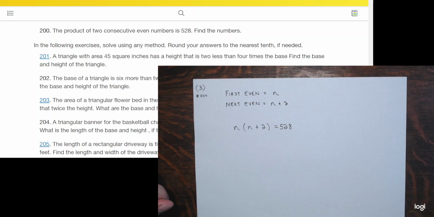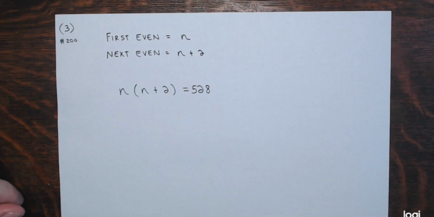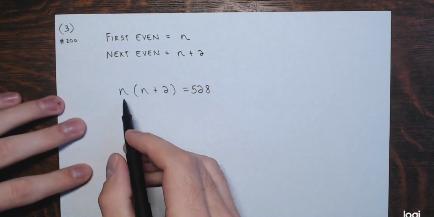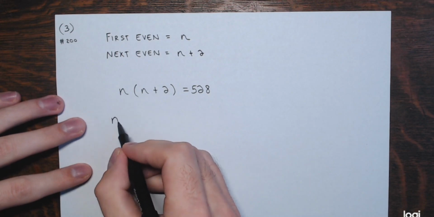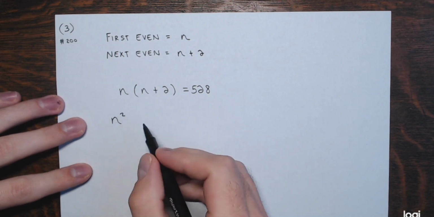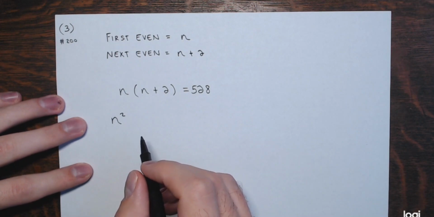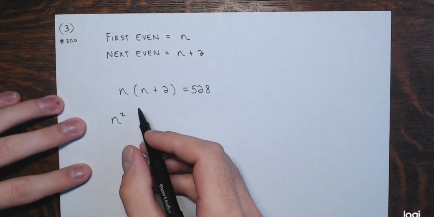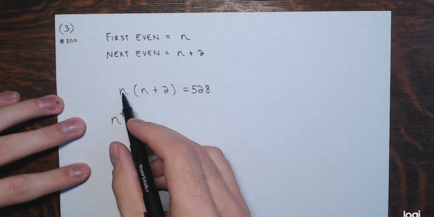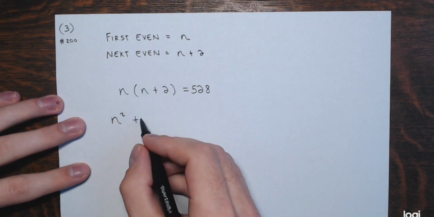Let me make that a little bigger again. And we're solving this equation. I'm going to solve it the exact same way I've been solving the other ones. And again, you can do other things. You can use the quadratic formula or complete the square, or try factoring.